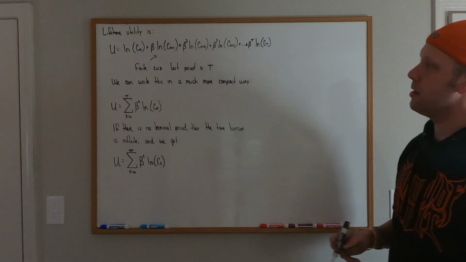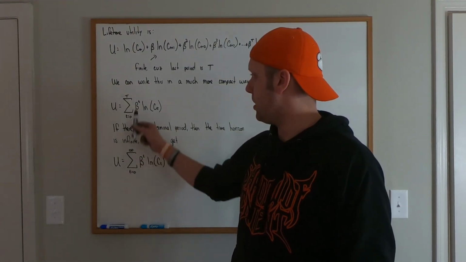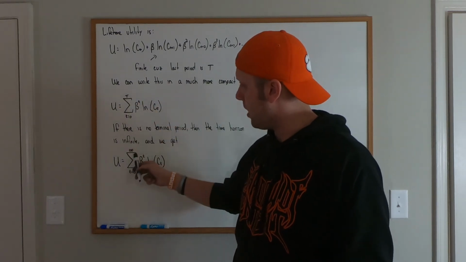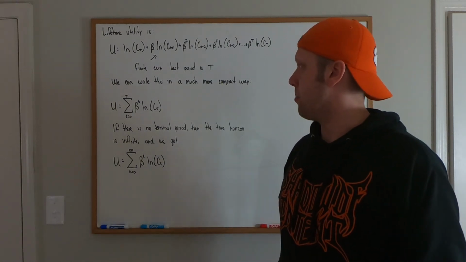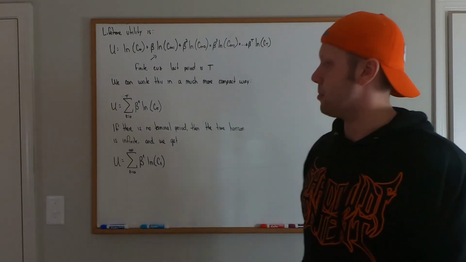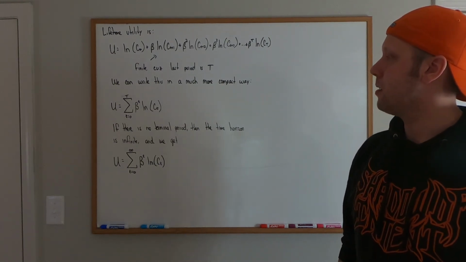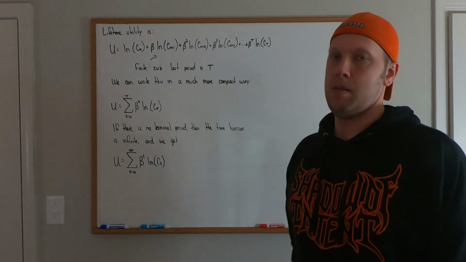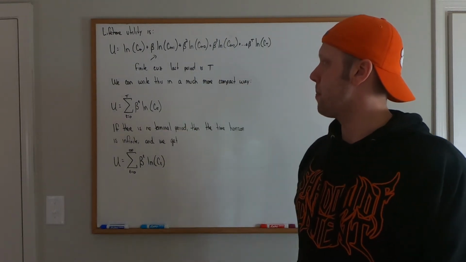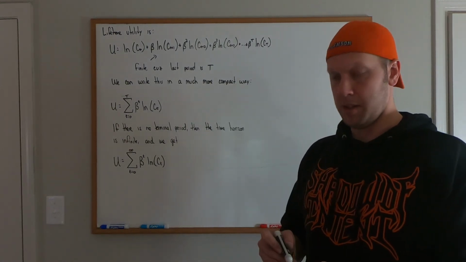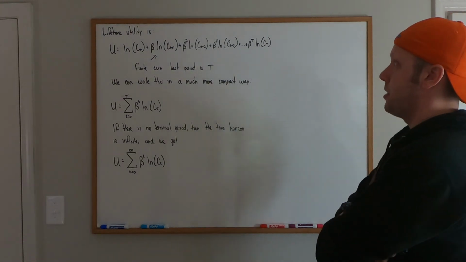If it doesn't end, we still get the sum as t goes from 0, but instead of t going from 0 up to capital T like we have here, it goes from 0 to infinity. This part's the same. The only thing that changes is what goes on up top on that summation notation. Here, time never ends. It just keeps going and going and going. Here time does end. It keeps going until it doesn't, and then it stops. And then we're at period capital T, and that's just the end of it.